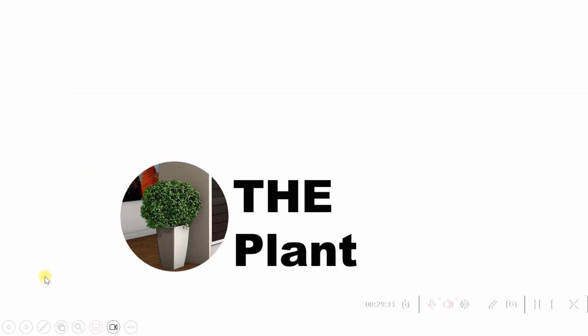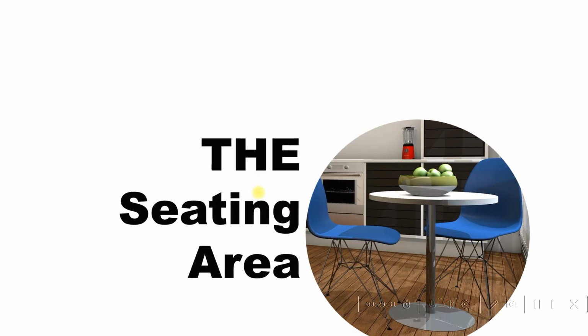The plant, you see how the word attached itself to the picture? Oh yeah, the plant. It's not real. The reason it's not real is because I'm not really good with plants or growing or gardening. I kill all my plants, so it has to be plastic. Oh, look, the seating area.